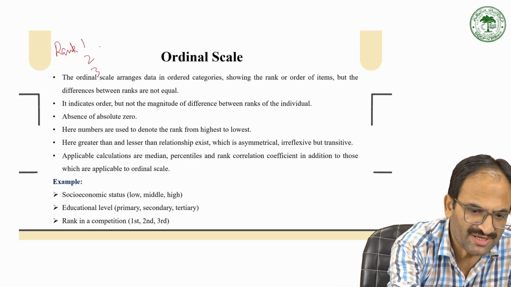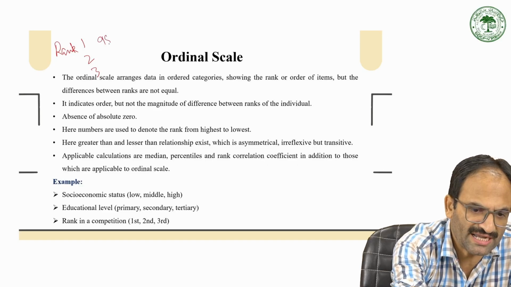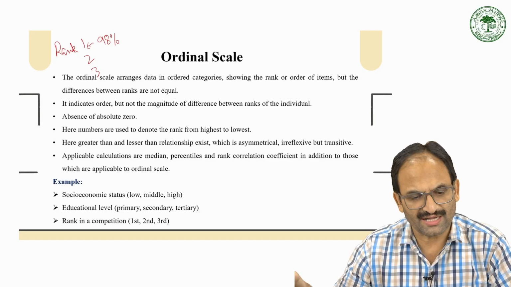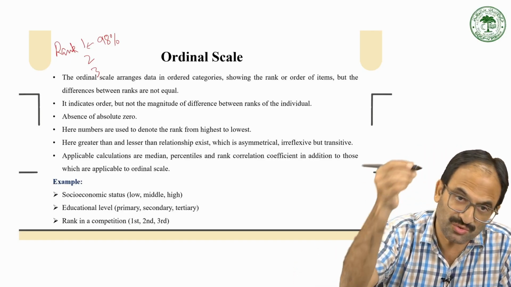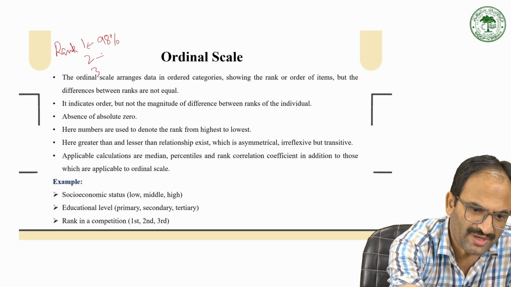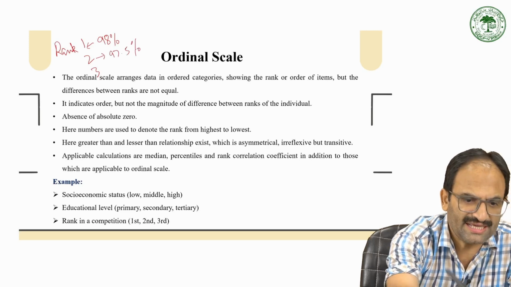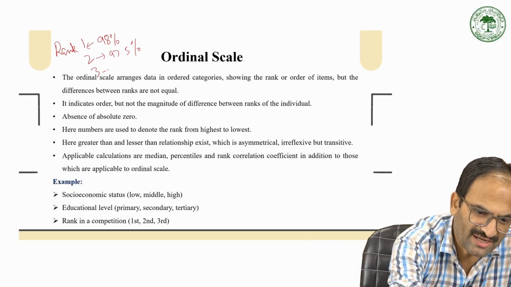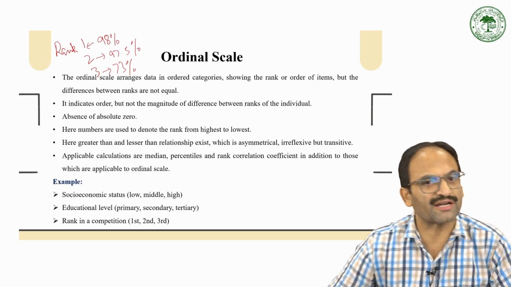One particular student has scored 98% marks, and accordingly he has been given rank 1. Another student has scored 97.5% marks, and he has got rank 2. But another student has scored 73% marks, and he has got rank 3.